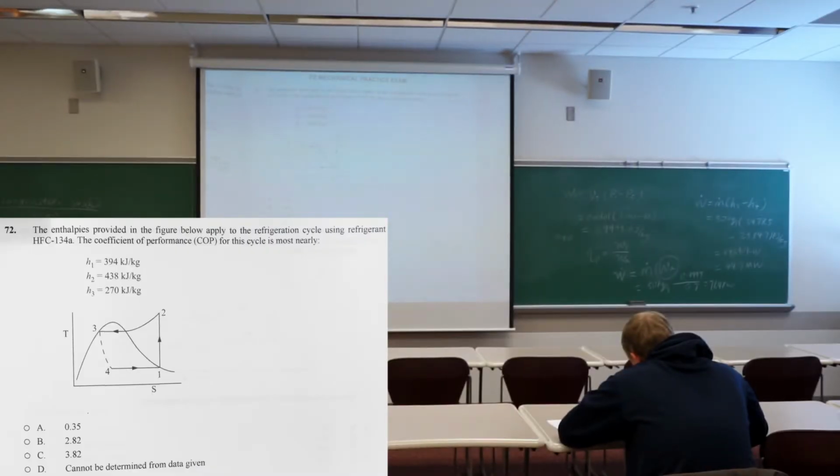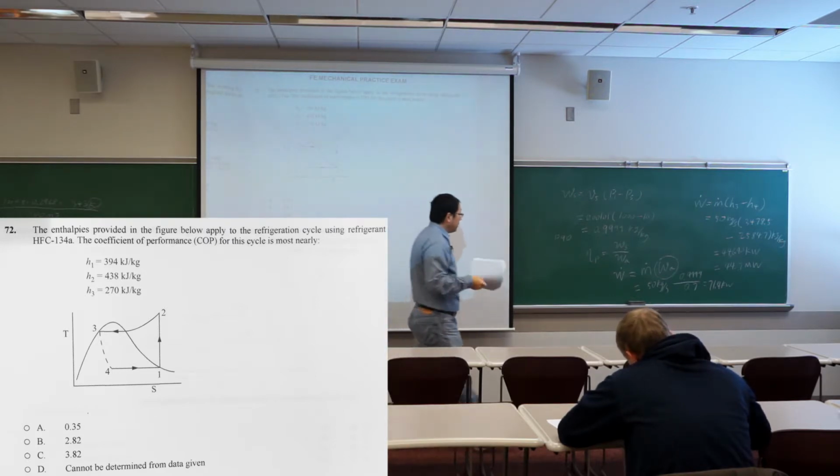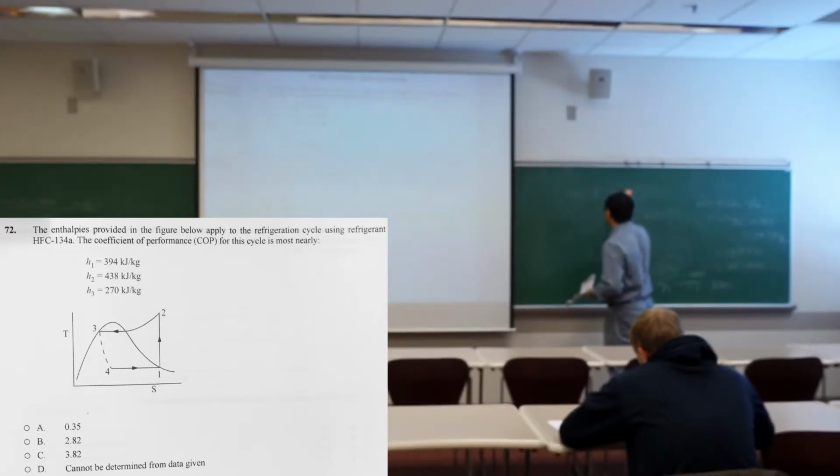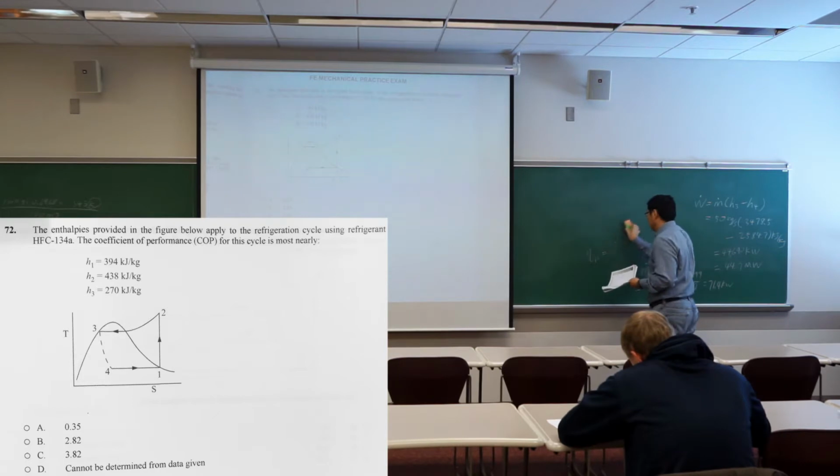Question 72 is a refrigeration cycle. All the H values have been provided: H1, H2, H3. And also you need to look at the handbook. It tells you which equation you should use.